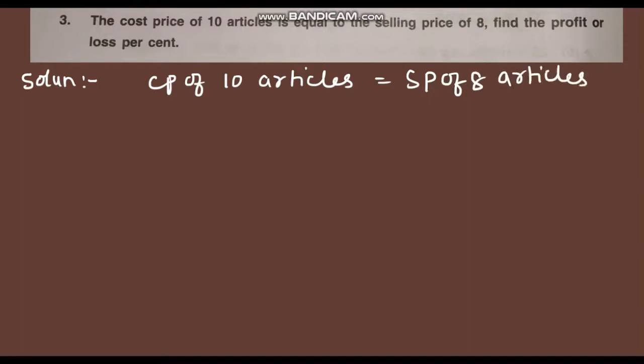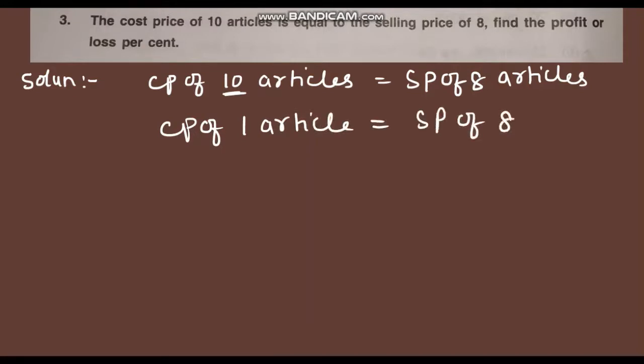Okay. So that means if you say that CP of one article equal to SP of 8 by 10 articles, it will not be wrong. So here CP of one article is equal to SP of 8 by 10 articles.